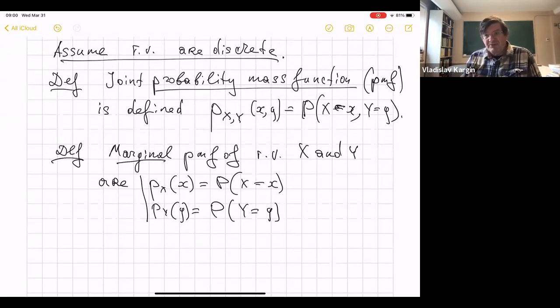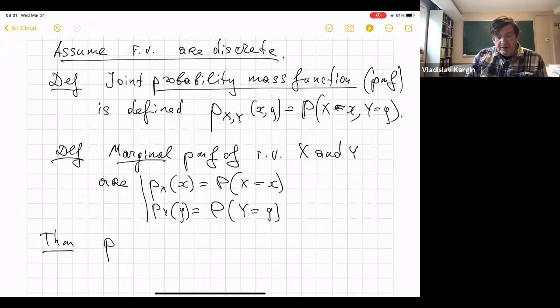The reason for this is that sometimes we are just given the joint PMF and asked to figure out what's the probability mass function for one random variable. So this is kind of the first theorem or result, but it's kind of obvious.